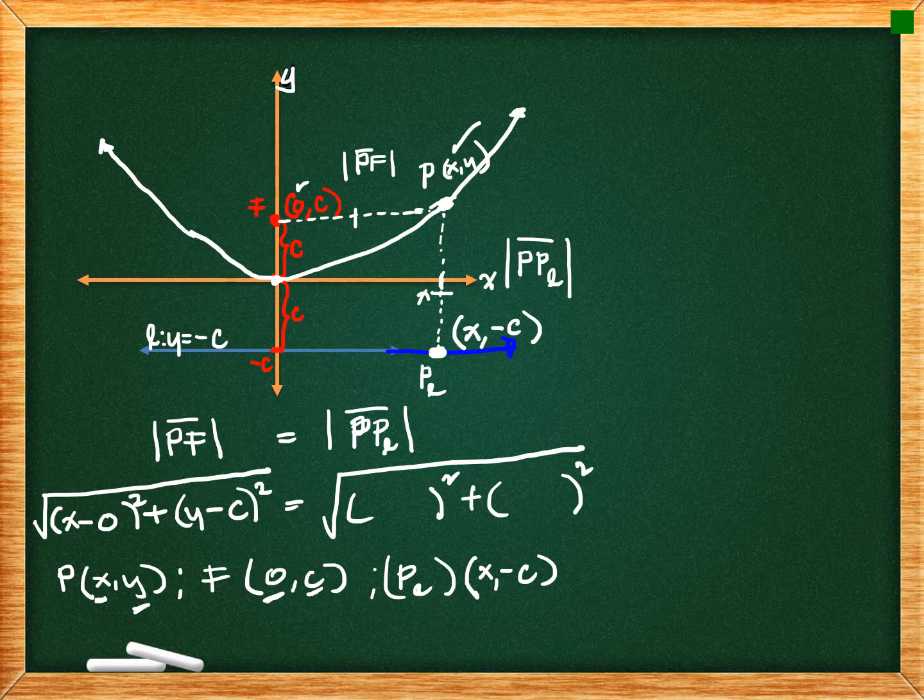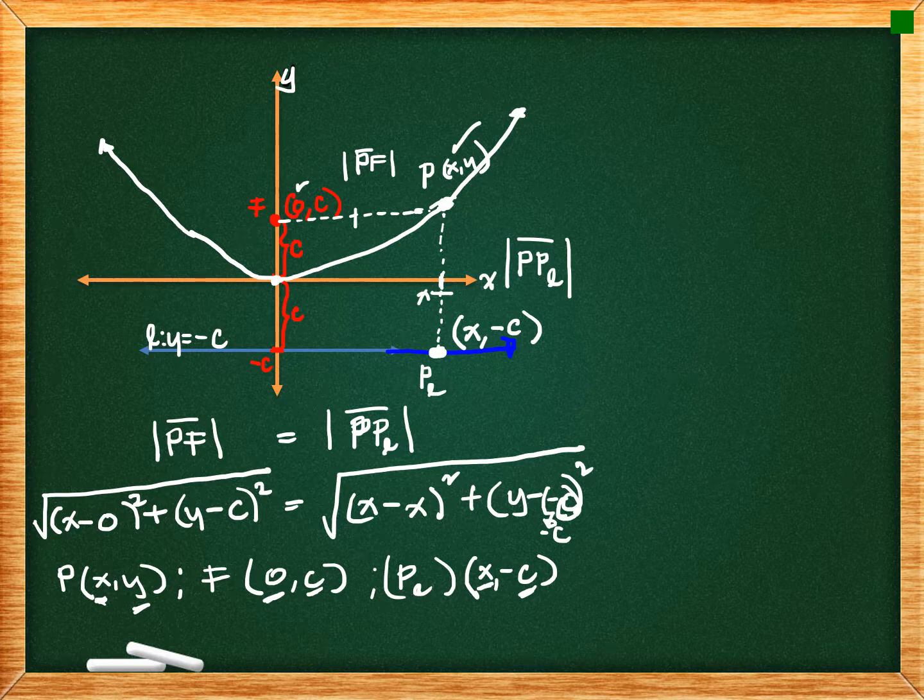Okay, for P and P sub L, we have x, this one again, and also x for P sub L, plus the quantity y minus negative c. Alright, so this is negative c. Okay, let me do it right. This is negative c.